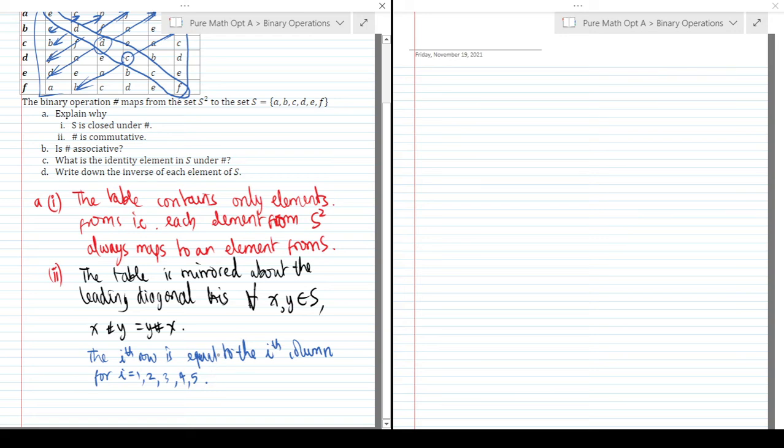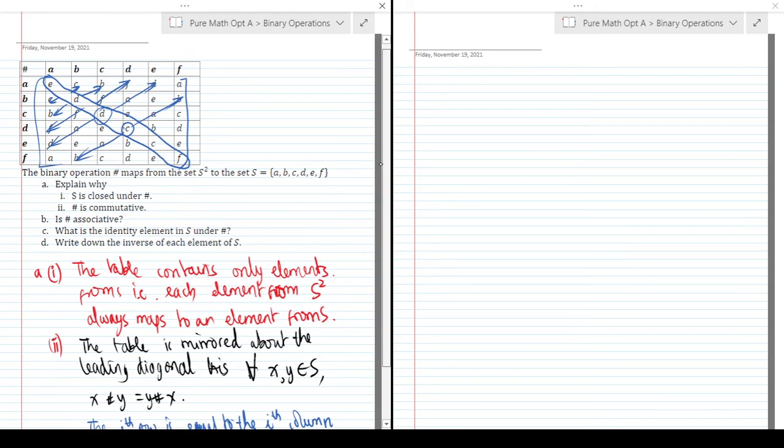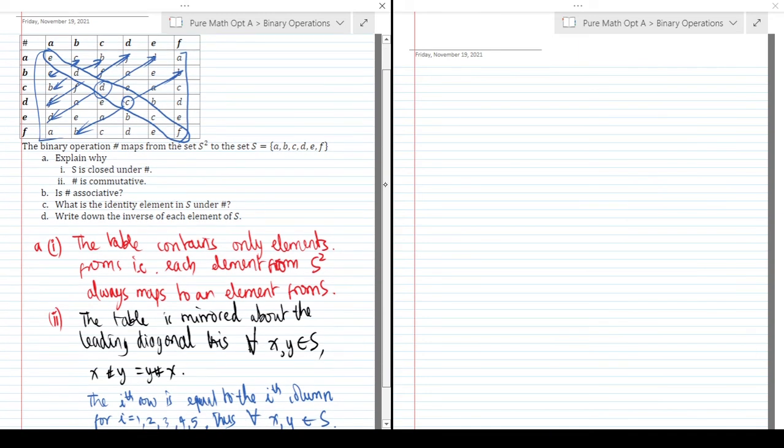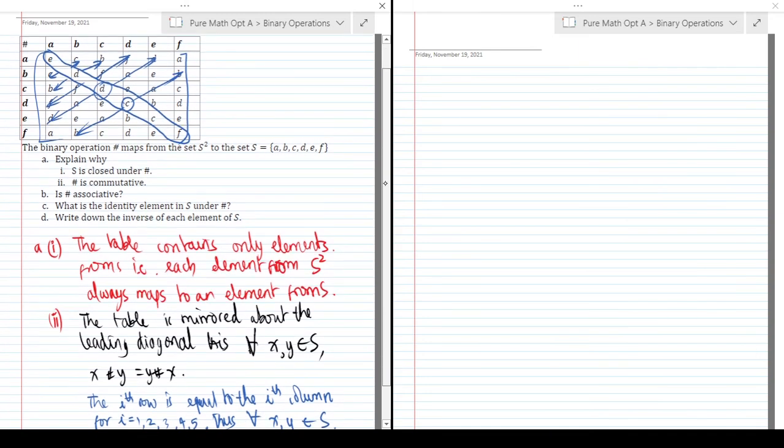So the ith row is equal to the ith column for i being 1, 2, 3, 4, 5 in the given multiplication table, right? So thus, for all x and y belonging to the set S, x hashtag y is equal to y hashtag x. Right, so that is why it is commutative. Okay, so you're looking for one of two things: for the ith row to be equal to the ith column for all corresponding rows and columns in the table.